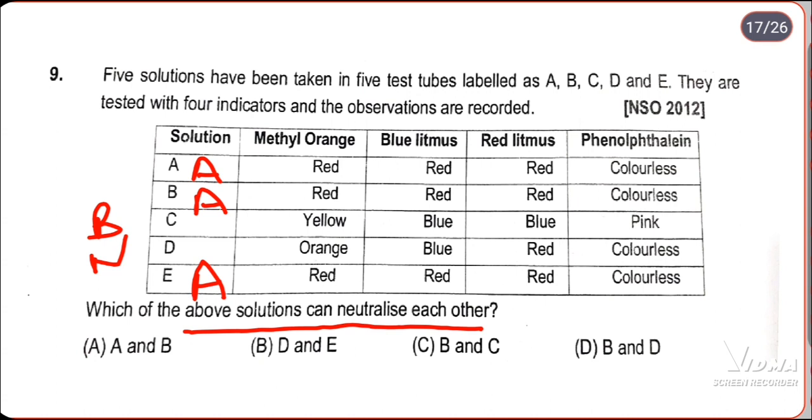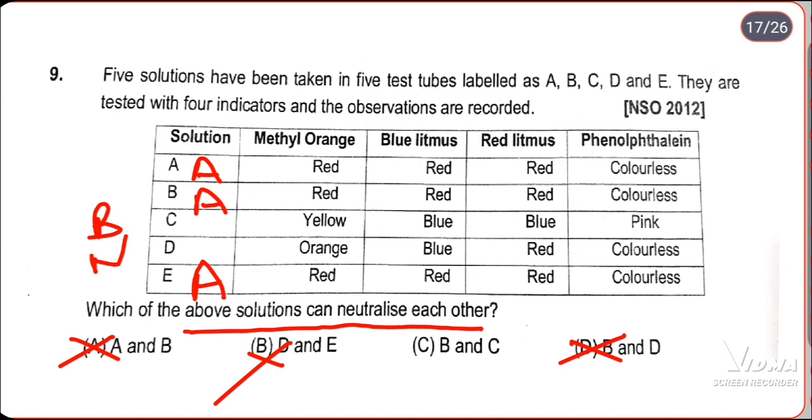So now either we should add B and D, B and C, or A and B. Sorry, A and C, B and C, or E and C. So A and B is not the answer. D and D is also not the answer. And B and D is also not the answer.